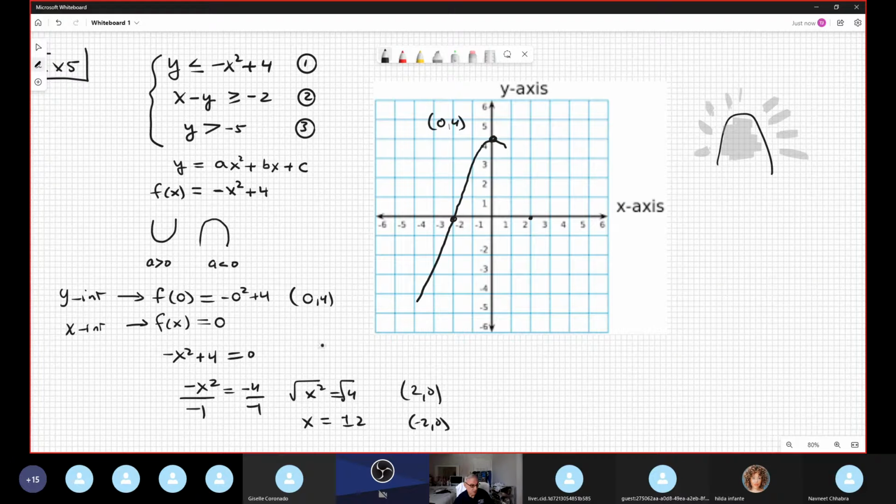Yeah, it's solid. I agree. How do you know it's solid? Because my inequality contains equal. That means the boundary, which separates two regions, two countries, is included in the solution. And of course, y is less than. Entonces es obvio que es this part. Right?